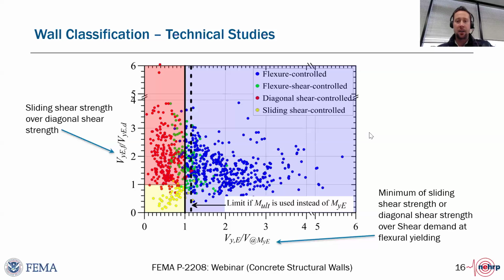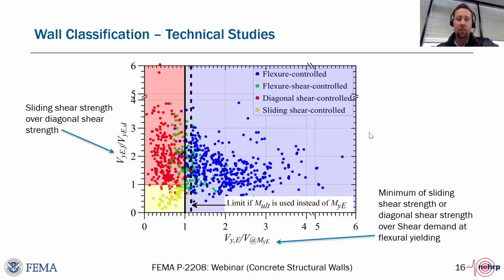The red dots then are diagonal shear controlled, so you're not seeing sliding at the base, rather you're seeing a diagonal failure in either tension or the compression strut that I mentioned earlier. The blue dots would be flexure controlled, so truly vertical bars yielding and or crushing at the compression side of the end of the wall in flexure.